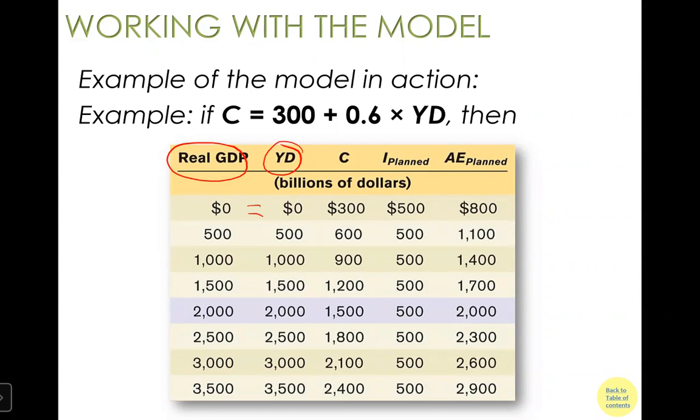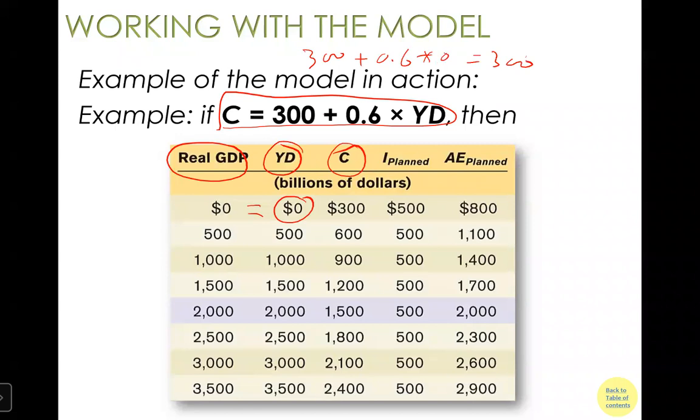Now, how do we end up with this column? This column comes from this equation. Let me give you an example. If your disposable income is 0, you plug in here: 300 plus 0.6 times 0 gives you 300.